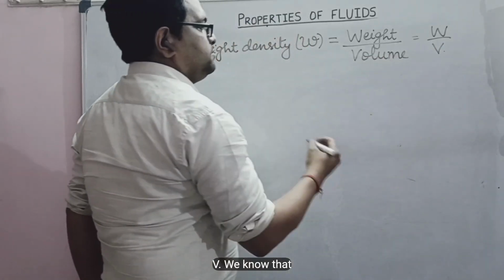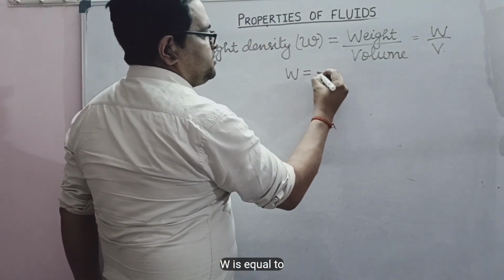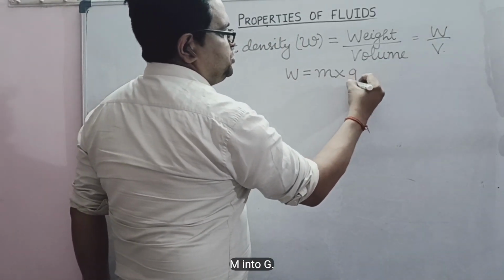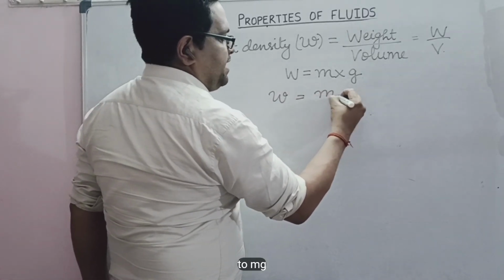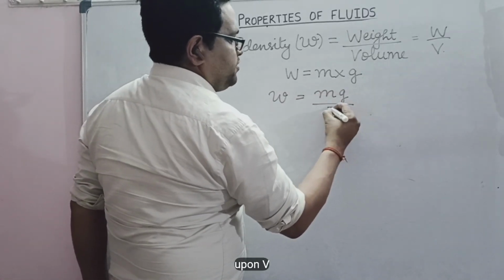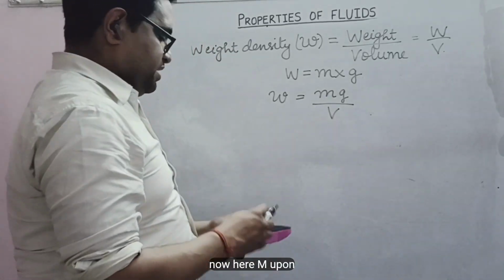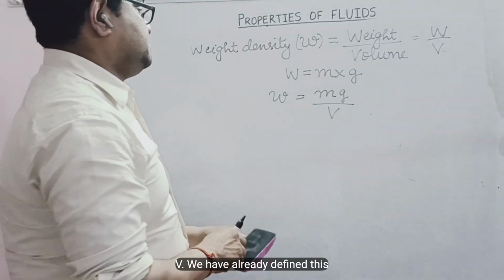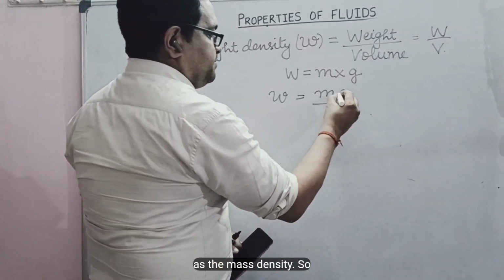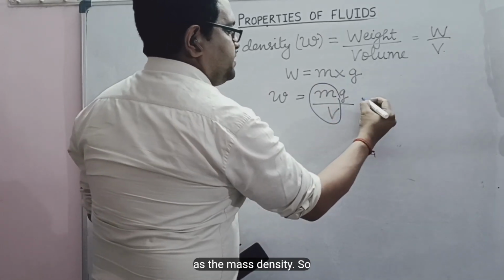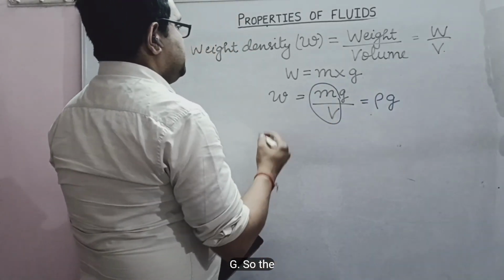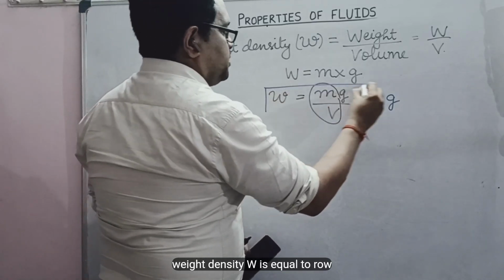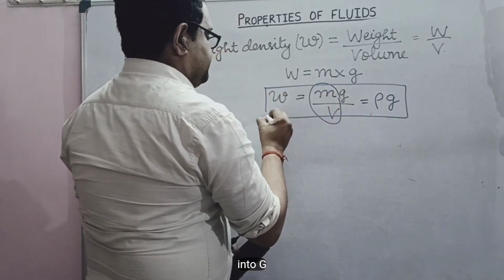Now we know that W is equal to m into g, so we have small w is equal to mg upon v. Now here m upon v, we have already defined as the mass density, so this becomes rho g. So the weight density w is equal to rho into g.